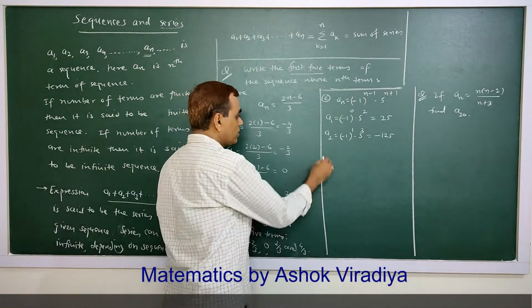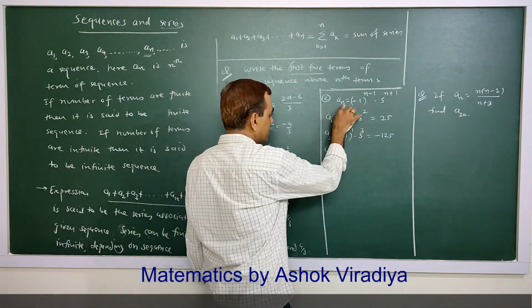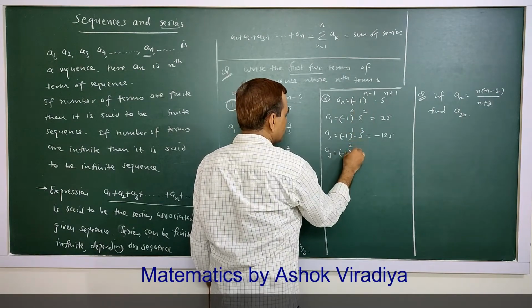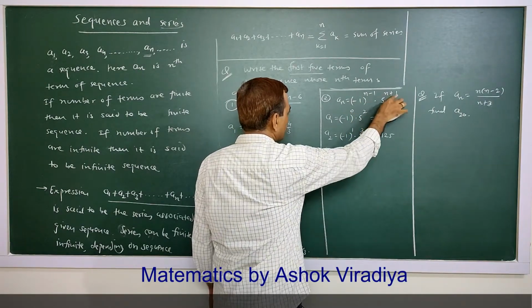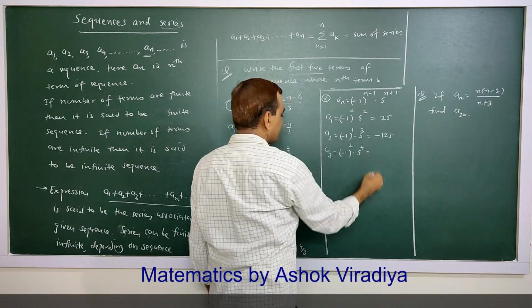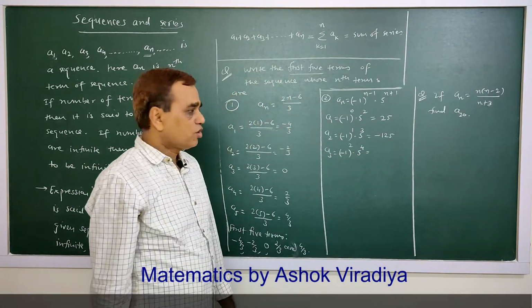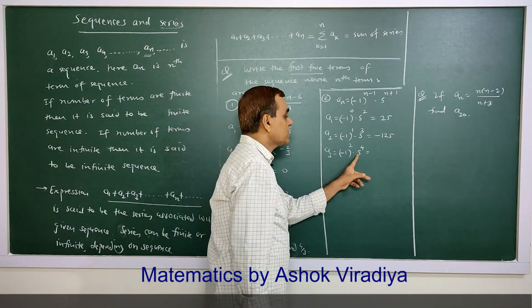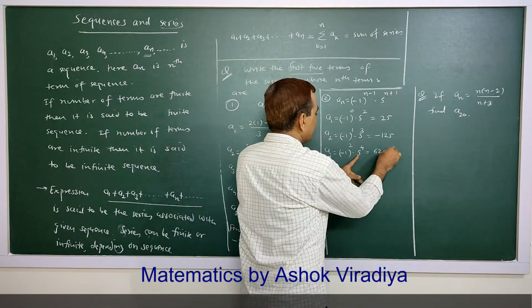Putting n equal to 3: minus 1 raised to 3 minus 1 is 2, 5 raised to 3 plus 1 is 4, so minus 1 squared is plus 1, 1 into 625, so 625.